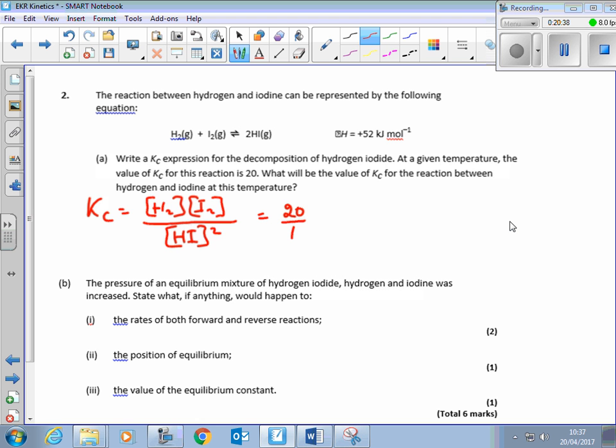That's what we're being told, isn't it? That the value of Kc for this reaction is 20, which is 20 over 1. So Kc for the back reaction is the other way up, because this would be on the top and this would be on the bottom. So it's 1 over 20.